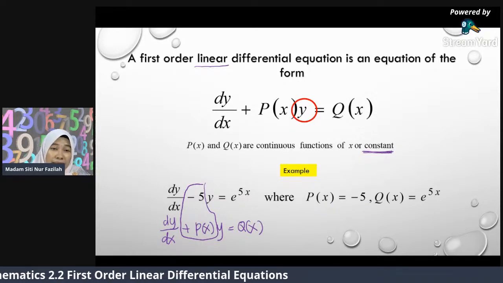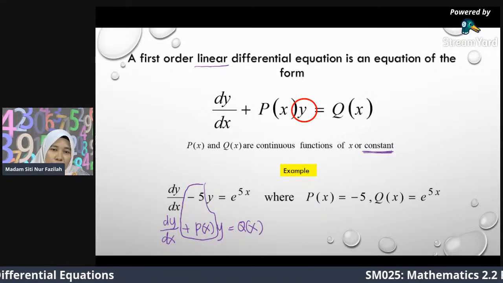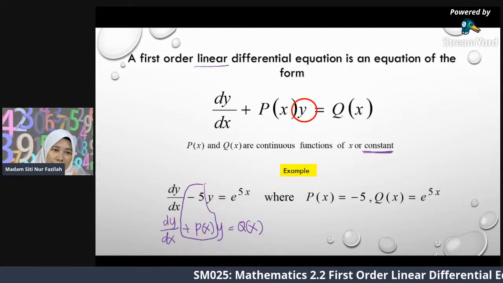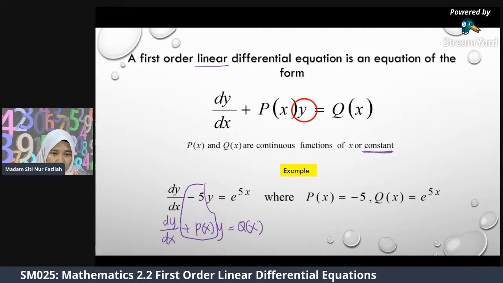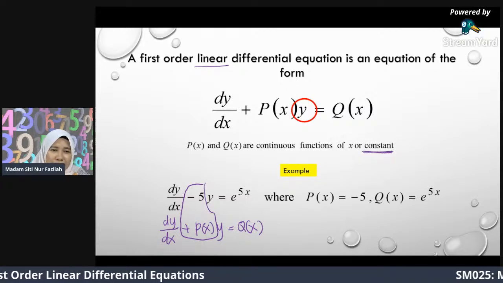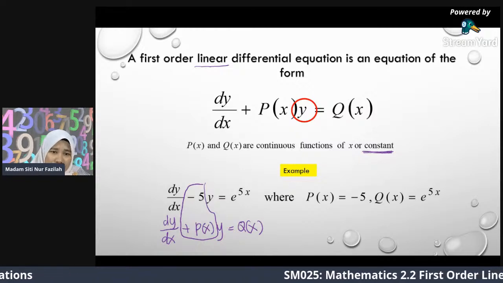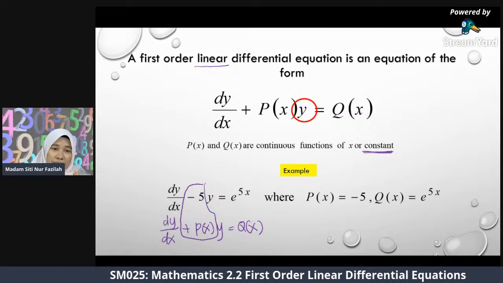The function p(x) is negative pi, and function q(x) equals e to the power of pi x. Make sure don't be careless. Sometimes students take the positive pi, but actually the value of p(x) is negative pi, not positive pi.